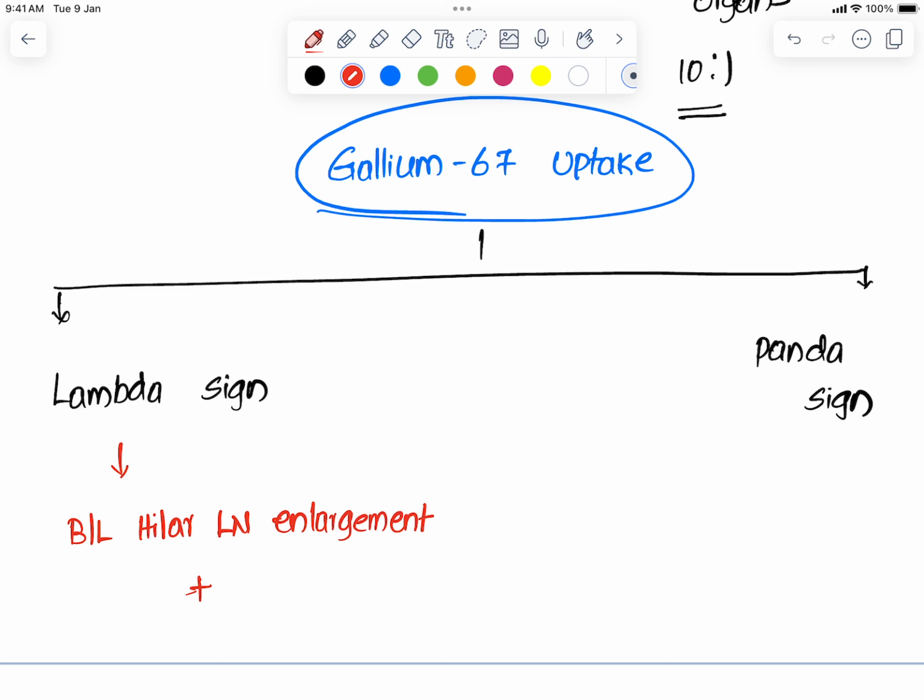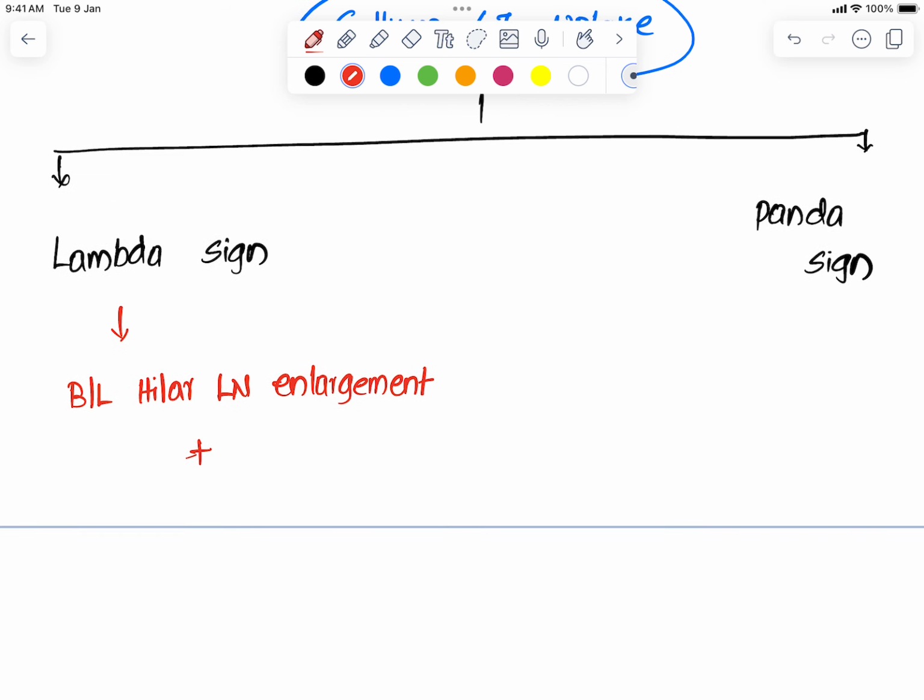Along with that, there will be right paratracheal lymph node enlargement. So this will give rise to the lambda sign.